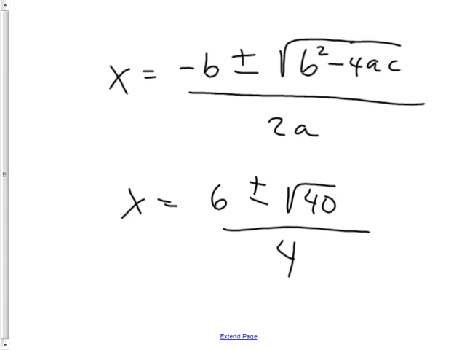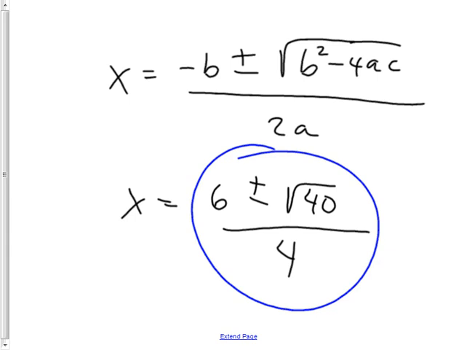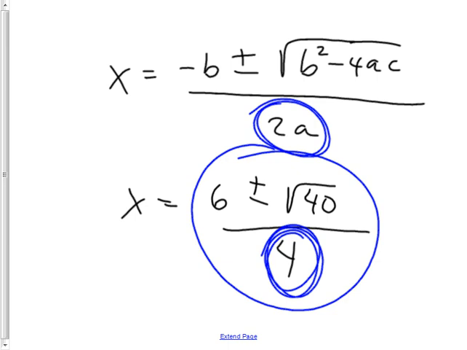And I ask you, what was the original equation that created this answer? It's really not that hard. Can you tell if this 4 matches up with this 2a? What did A have to be? A would have had to be 2. You get that? Because 2 times 2 would have made it 4.